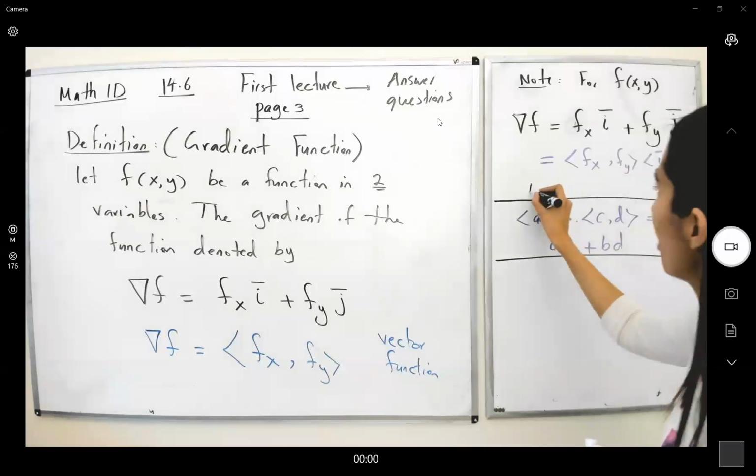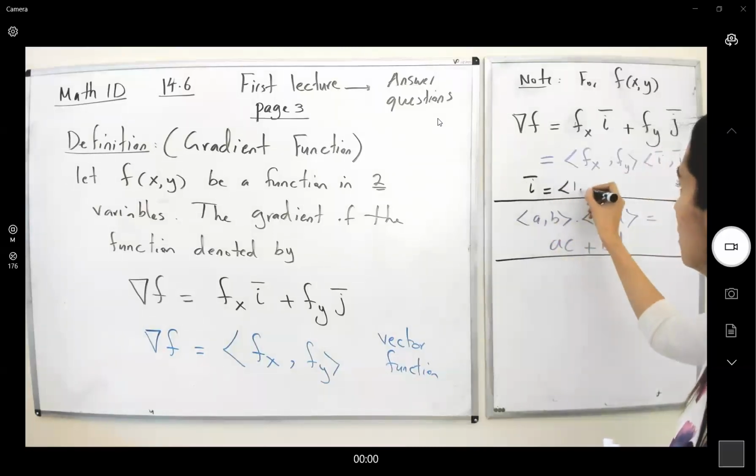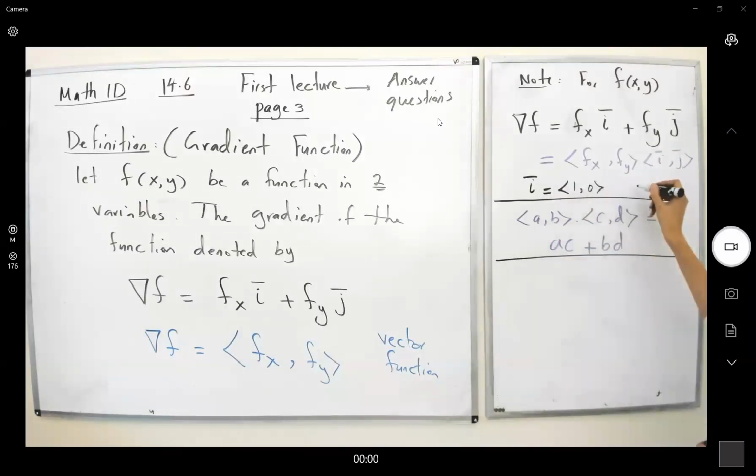Recall that i is the unit vector (1, 0), and j is the unit vector (0, 1). The dot product between two vectors actually gives you the gradient function.